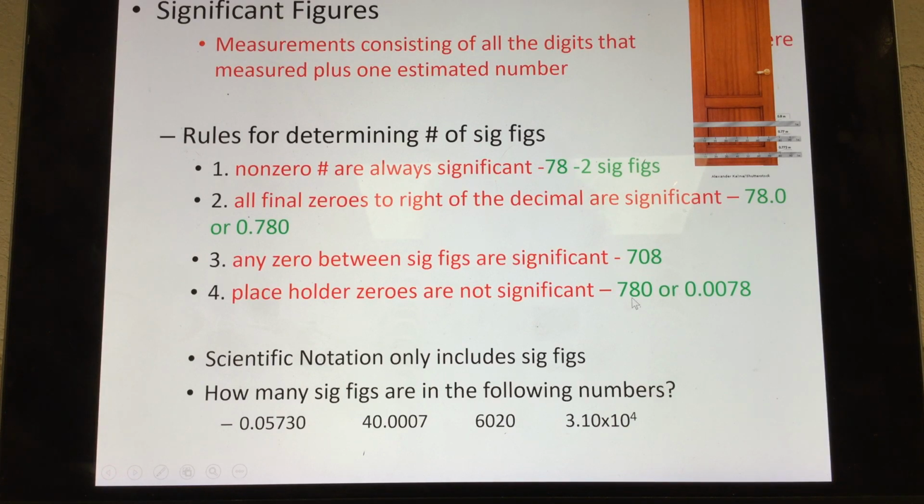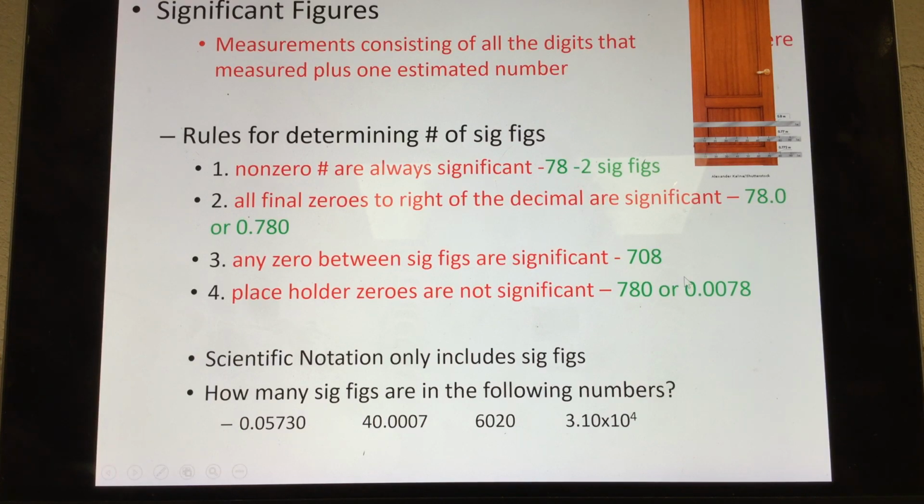So like the number 780, if there's no decimal at the end of this number, then that 0 is not significant. So 780 without a decimal point only has 2 sig figs, the 7 and the 8. This 0 is just there so that the 7 can be in the hundreds place value and the 8 can be in the tens place value, but we could not, for whatever reason, measure a number in the ones place value.